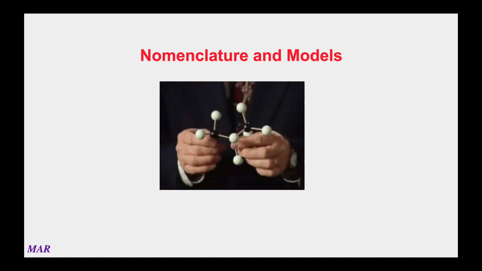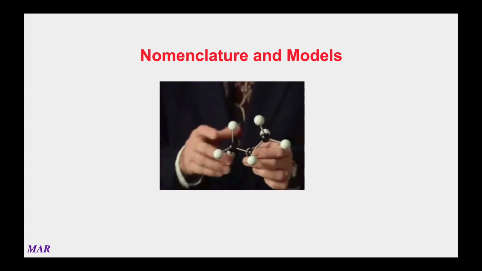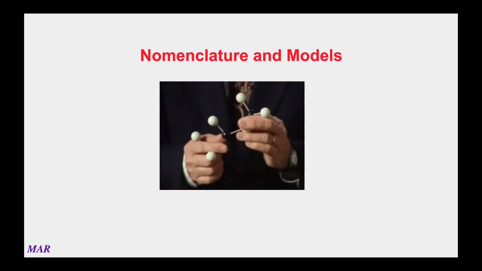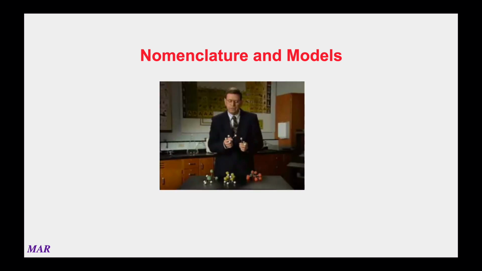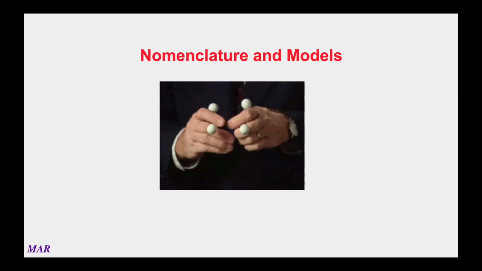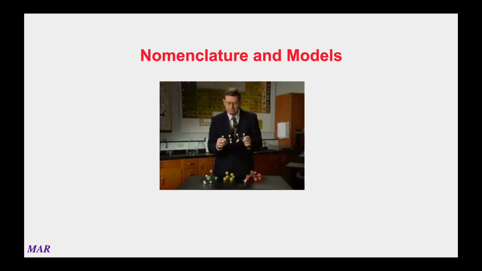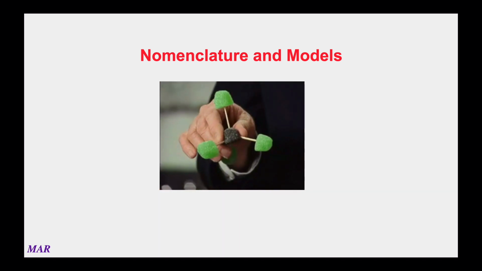If we wanted to go from a propane to an ethane, we would remove that specific member of the homologous series, a CH2 group. Reconnecting the carbon atoms, then we're back to our ethane. Models can be used that are commercially available, but if they're not available, gumdrops work just as well.